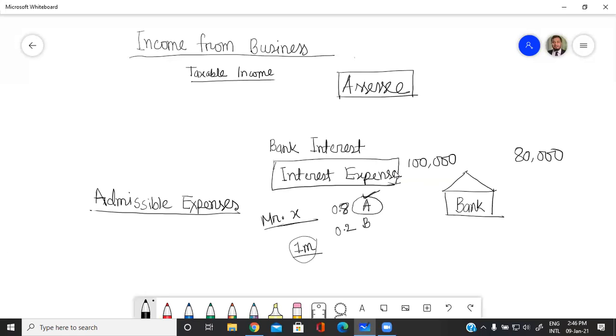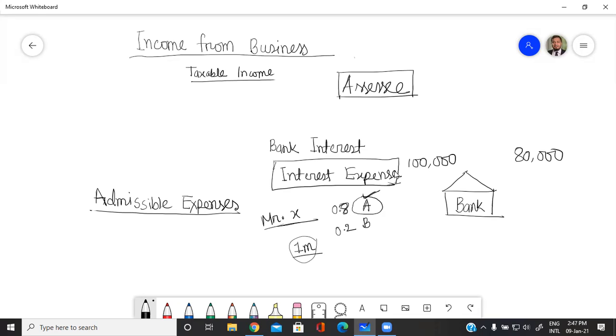In that case, the interest expense allowable will be equal to the proportion of the loan which is attributable to the project you mentioned to the bank during the loan agreement. That's why we are considering that 80% of the interest expense will be allowable. Is it clear? Yes, sir. Thanks.